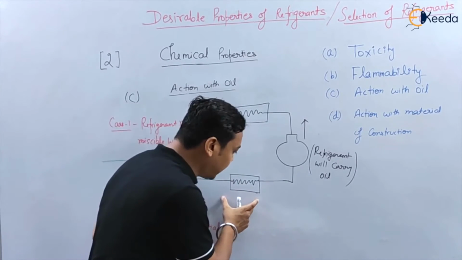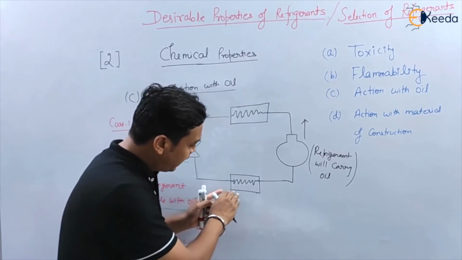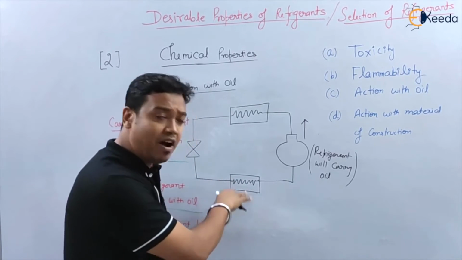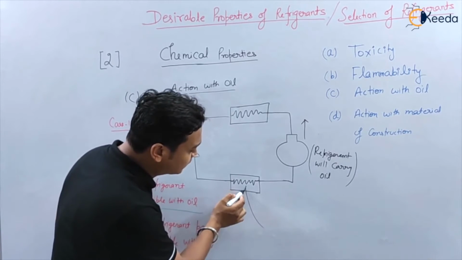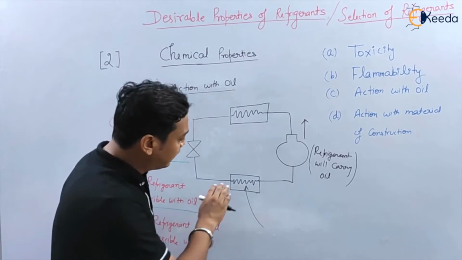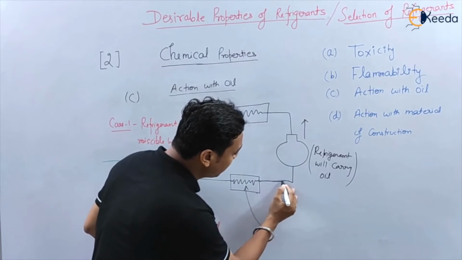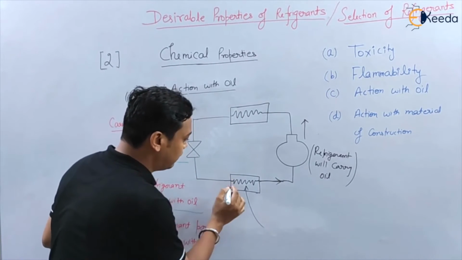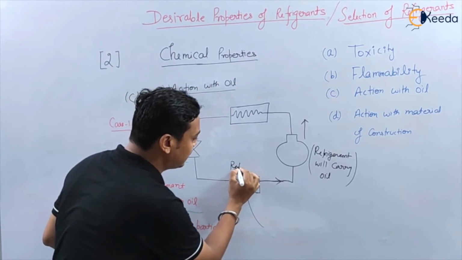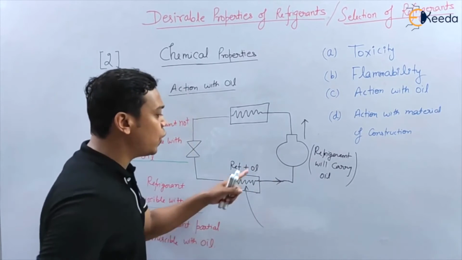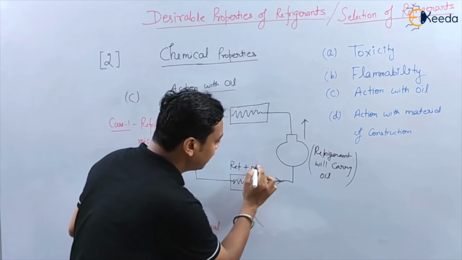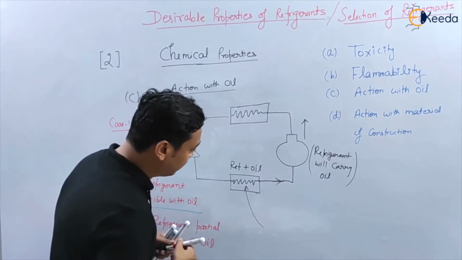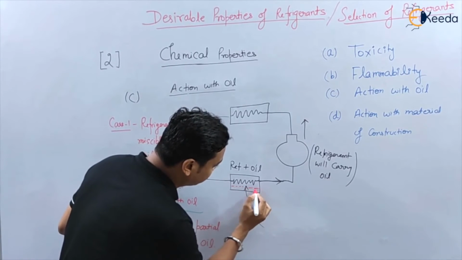In the evaporator, the refrigerant will evaporate because it takes heat from the storage space, and that refrigerant will again go to the compressor. But what will happen to the oil? Oil will accumulate here.